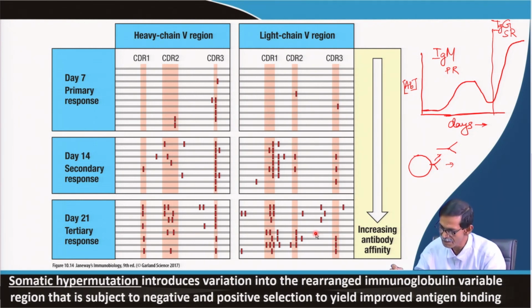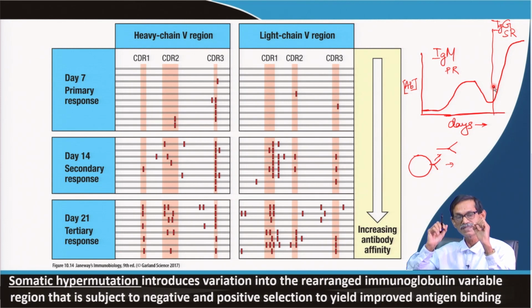Affinity maturation happens in the case of secondary or tertiary immune response, and that is the reason why, in many cases of vaccine immunization, a booster dose is given.